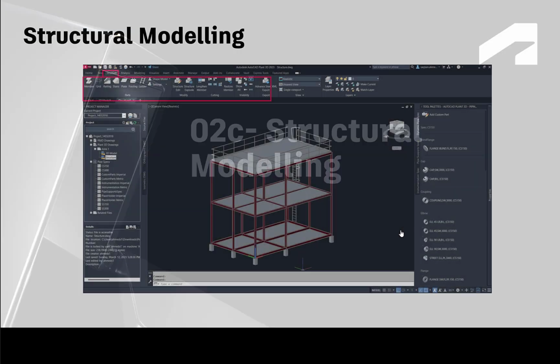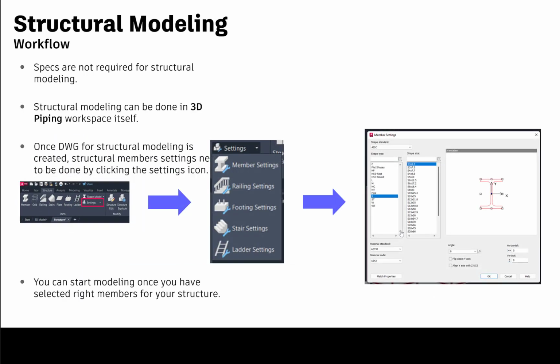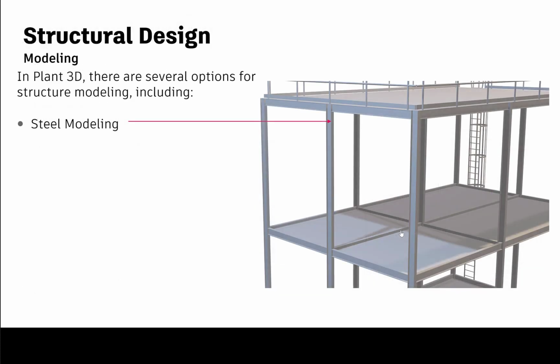So for the structural modeling part, you have a dedicated tool, as you can see here, that helps you to model structures. The structures in Plant 3D do not really require a spec because the modeling can be done in the 3D piping itself. You will see that you start modeling once you select the right members of your structure.